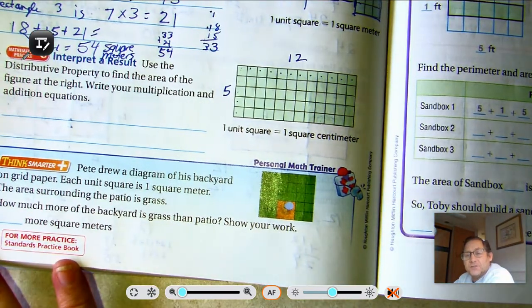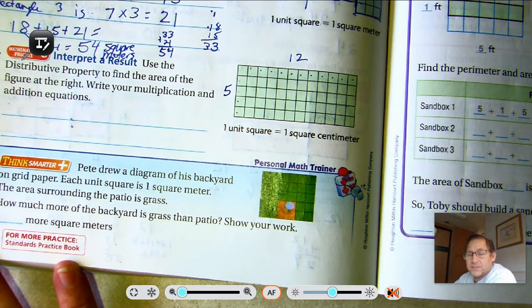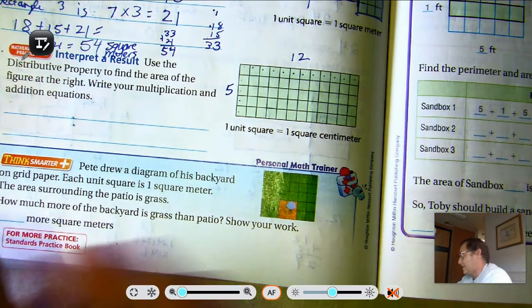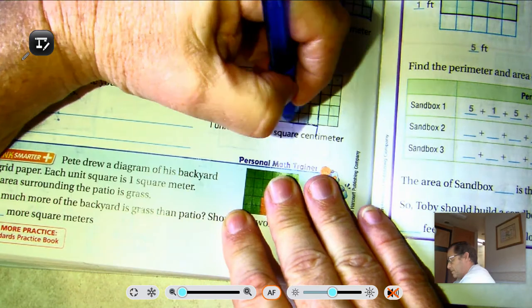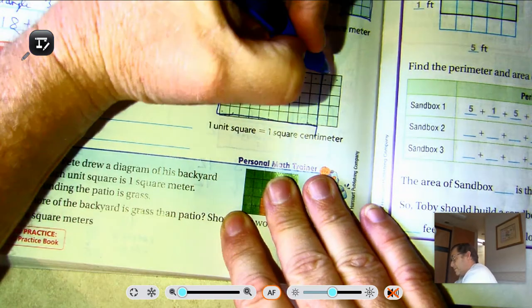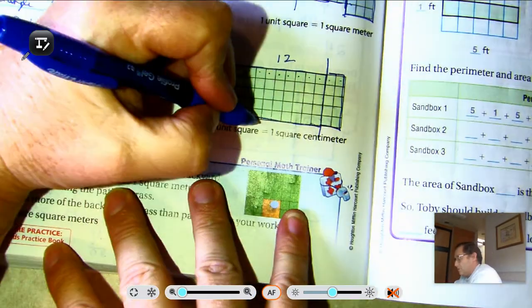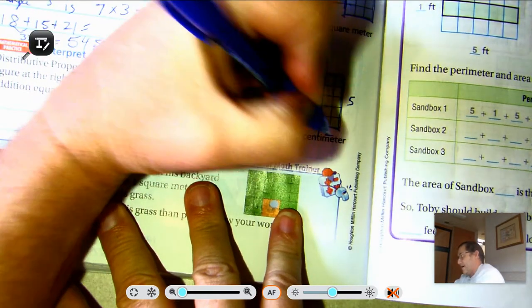Some people may immediately say, well, I'm just going to do 5 times 6 twice. You could. But I actually want to do that. I want to do 5 by 10 and a 5 by 2.